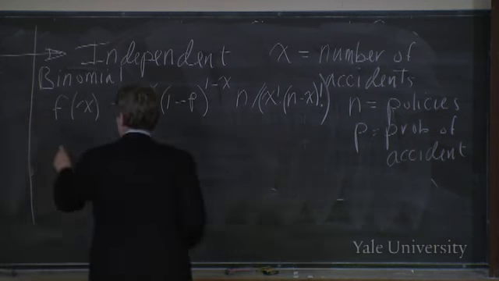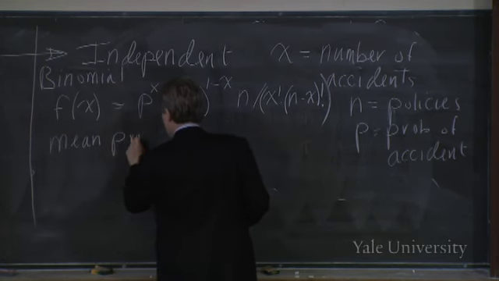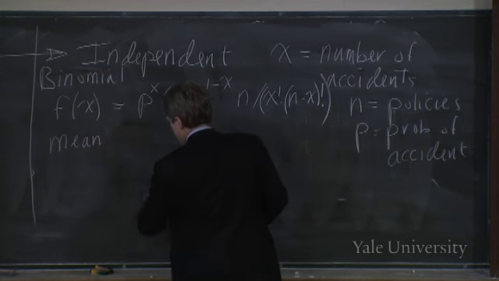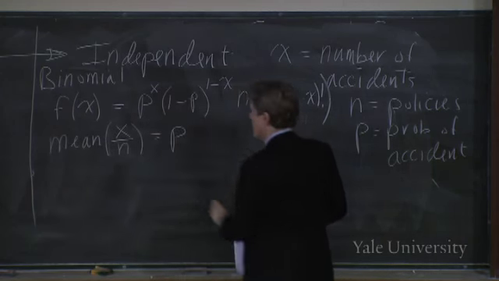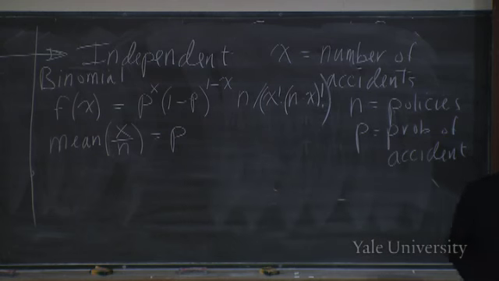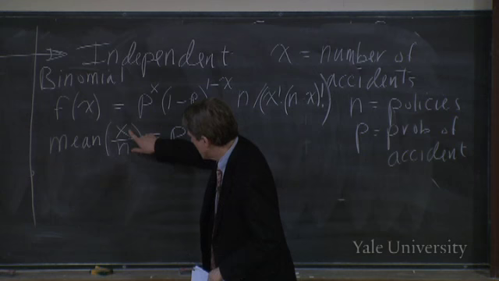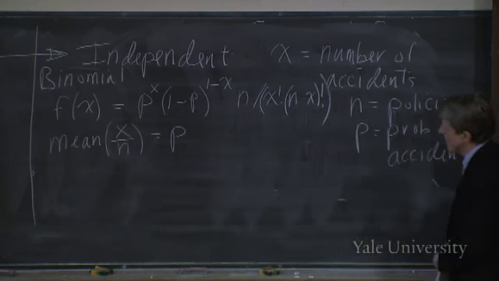The mean proportion, or the mean of X over N, is equal to P. So am I writing big enough? You can see. If X is the number of accidents, the mean number of accidents divided by your number of policies is given just by the probability.